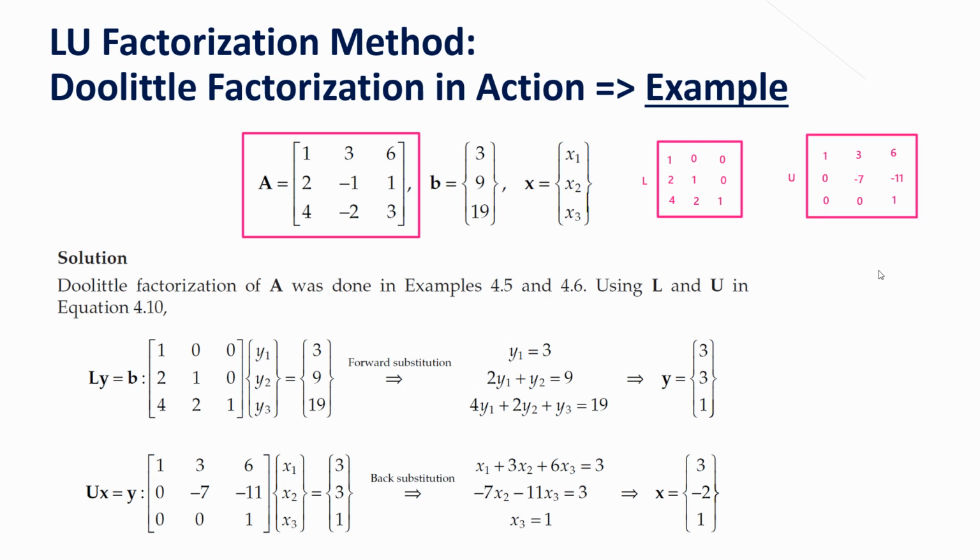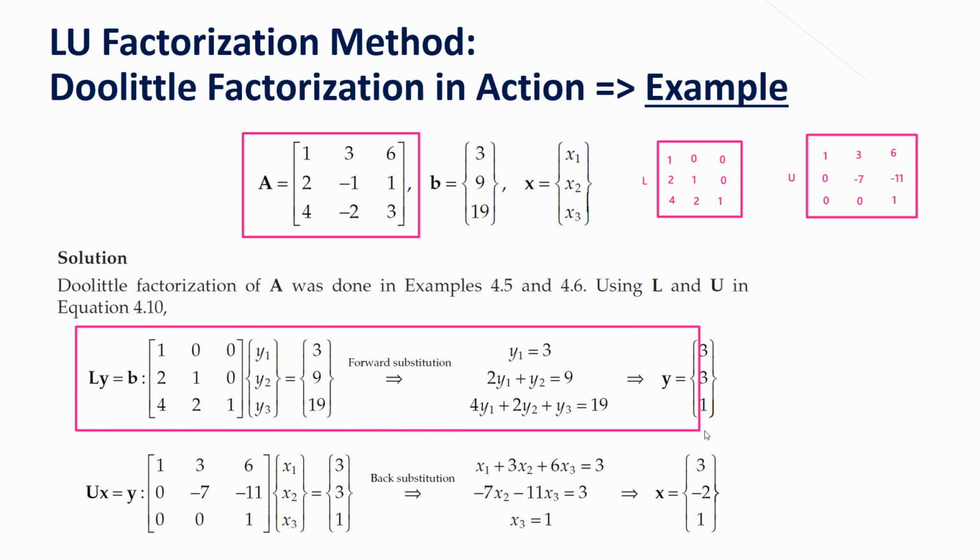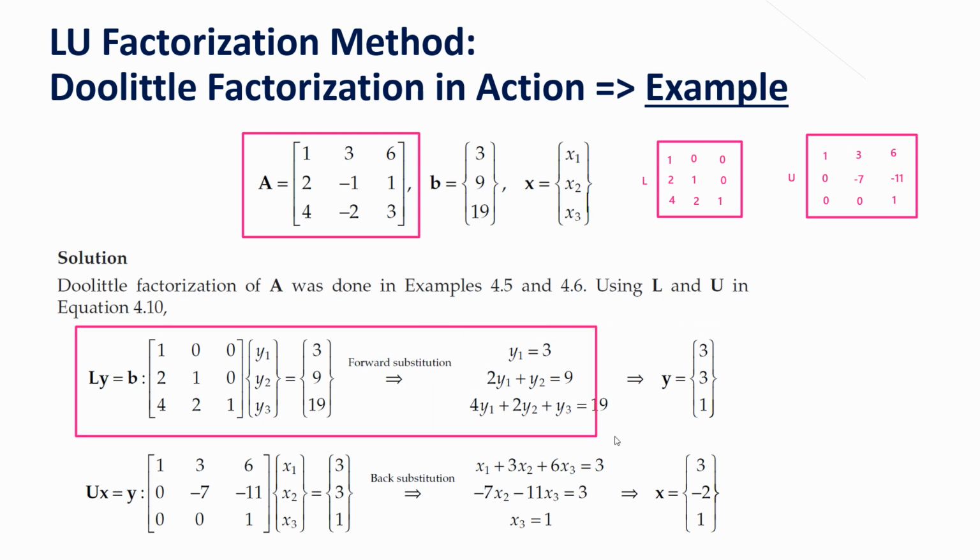Now the first step: okay, we have this L and U. Now we do the forward substitutions to get the value of Y. As you remember, L multiplied by Y is equal to B. The B value is here, given from the questions.